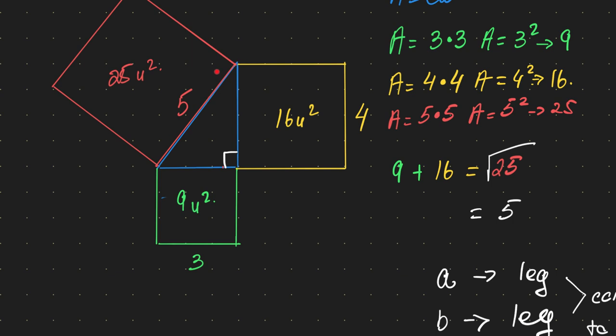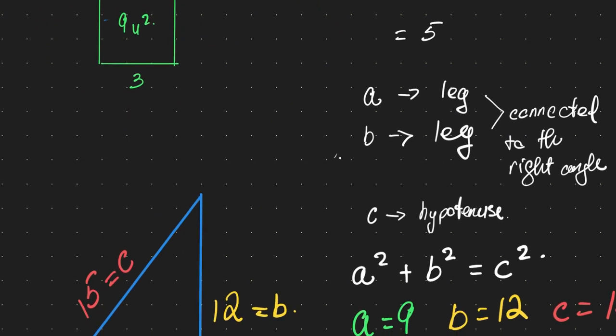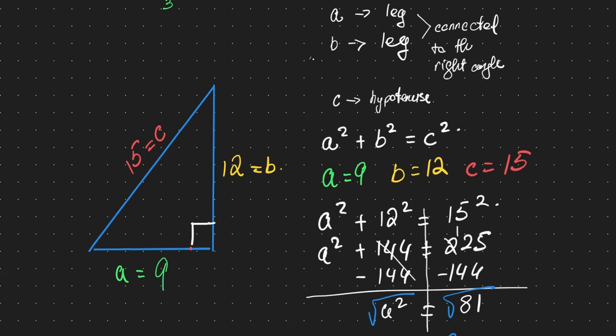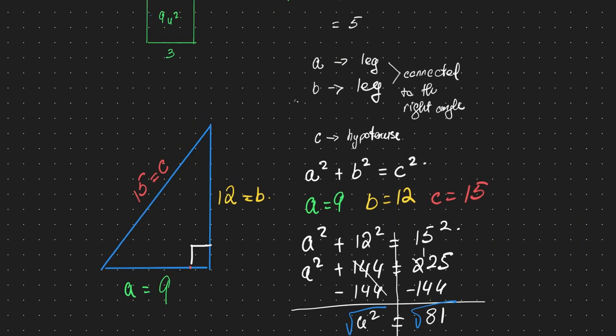And knowing the area of this square, we're able to find the side length by square rooting it. But the most important thing to remember is where our legs are, where the hypotenuse is, and what we are looking for.